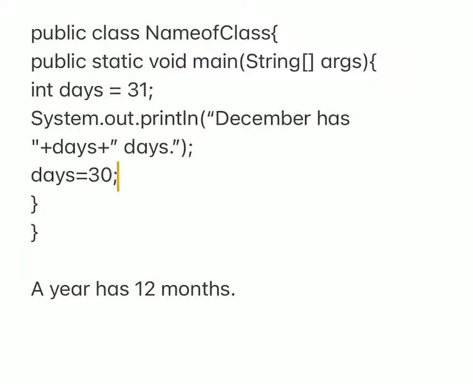So what I'm writing for those listening is on another line. Instead of int days equals 31, semicolon, once you've written that, on a line beneath it or after it, if it's easier to think of it like that, I'm writing days equals 30, and then semicolon.